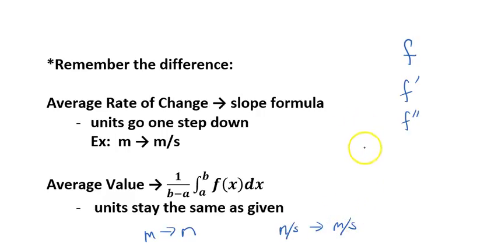So when you read a word problem and they are asking you something that has the same units as what you're given, and they're asking you for an average, this is the one they're talking about. You really have to pay attention to the units to be able to use the correct formula. But it's one of those 2. You just have to decipher which one.